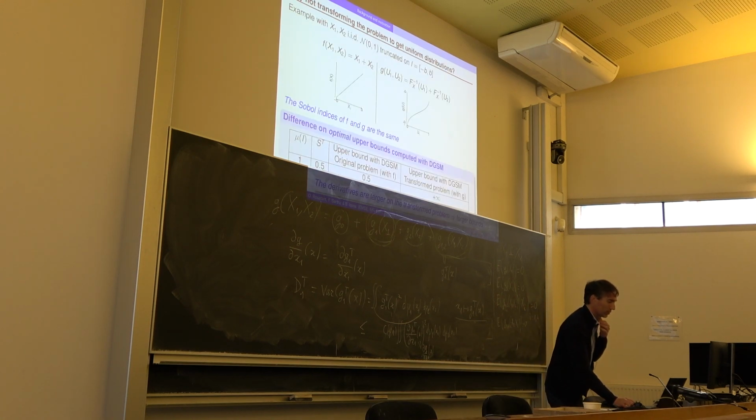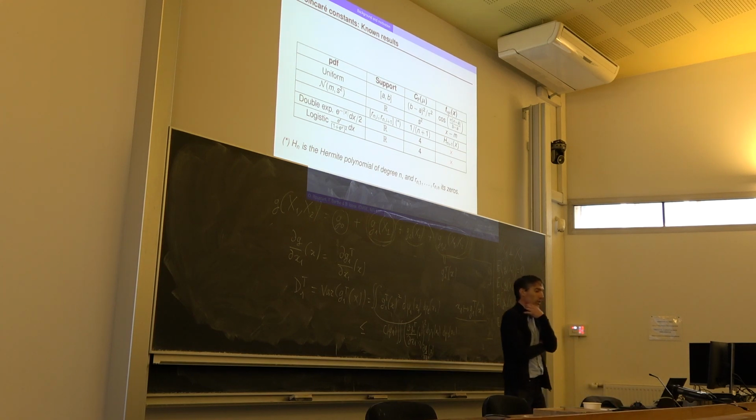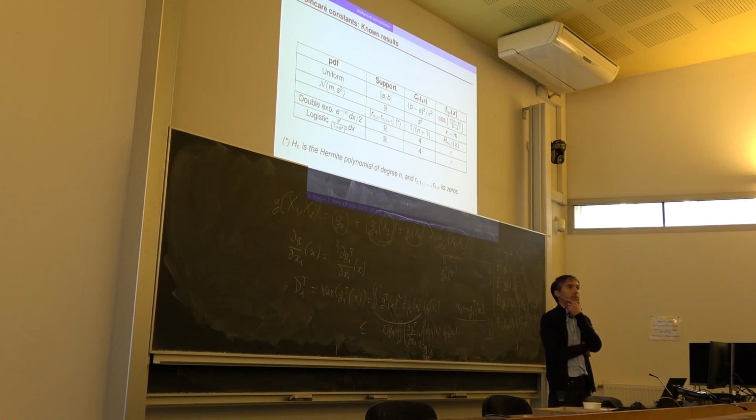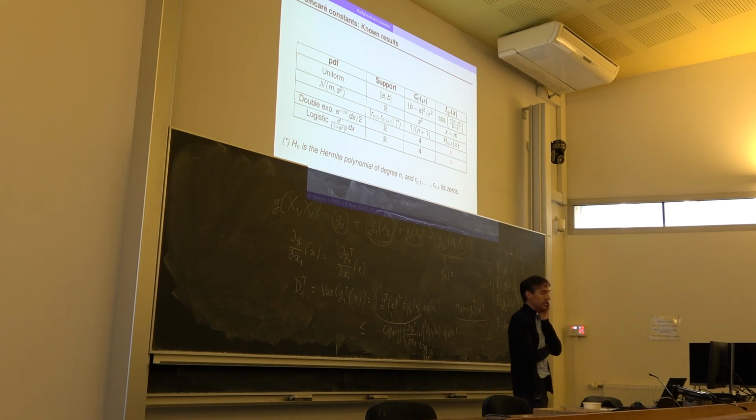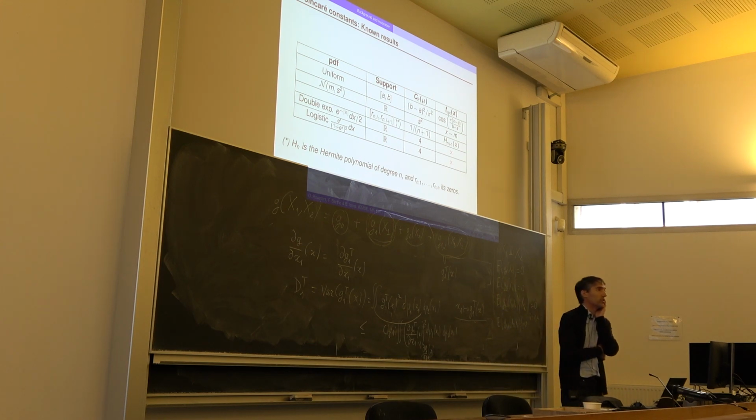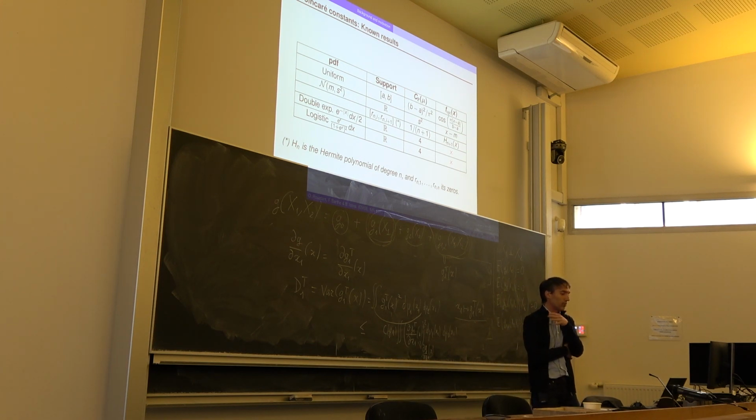So I switch this one. When we started, I asked Frank Barthe about the optimal Poincaré constant. And actually, he gave me this table, which is surprisingly very tiny. You have not a lot of results, very few results about optimal Poincaré constants in one dimension.